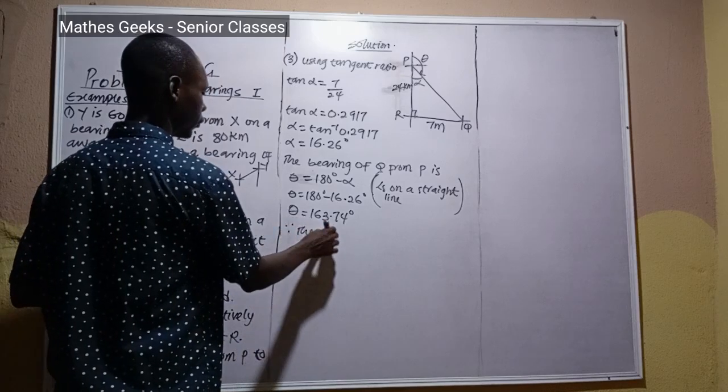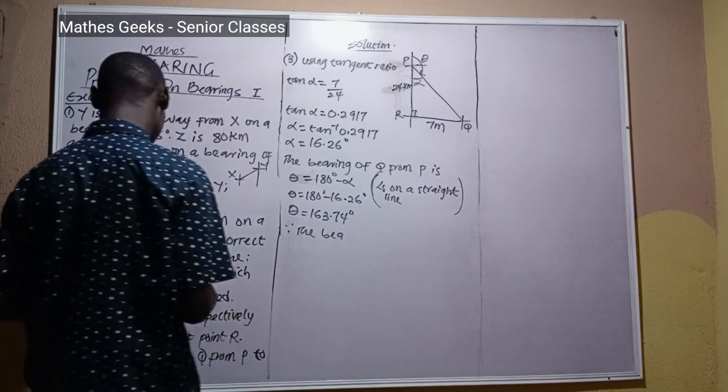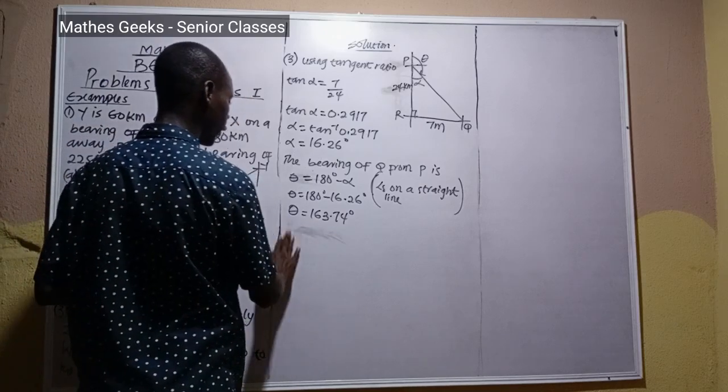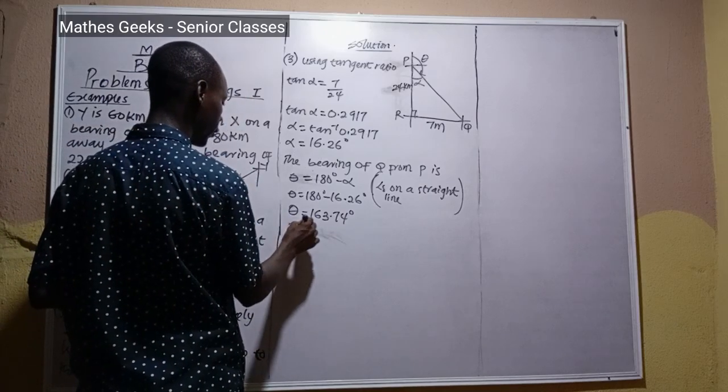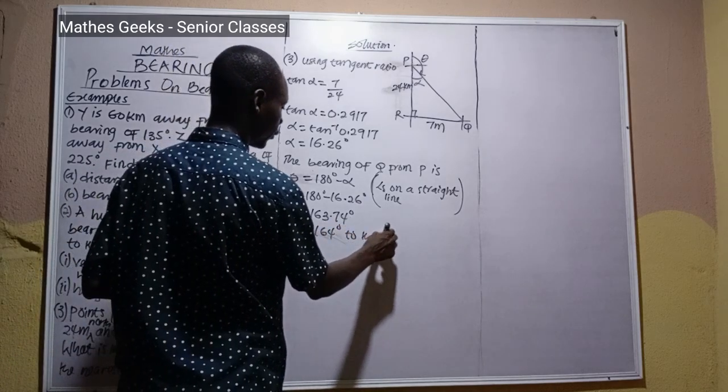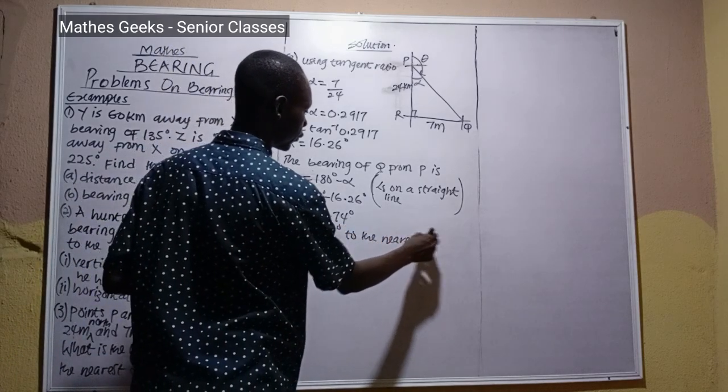Therefore, to the nearest degree, theta is approximately equal to 164 degrees.